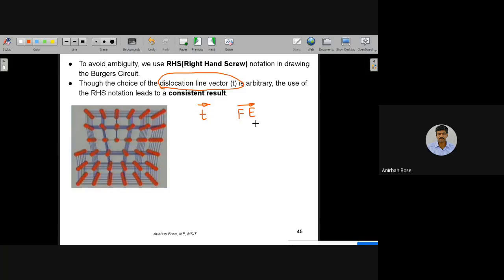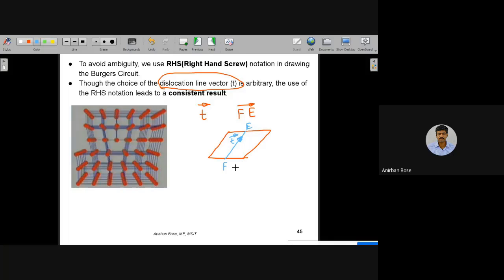If we consider FE, then if you remember that picture of the slip plane, this is F and this is E. What we are considering here is T, the dislocation line vector. So this is T, FE, in the direction from F to E.